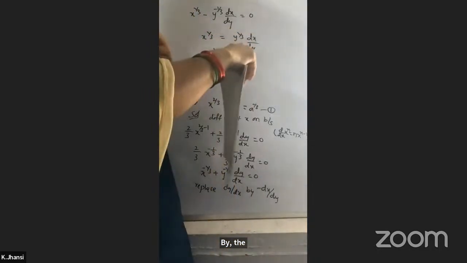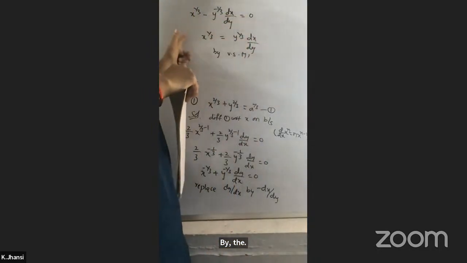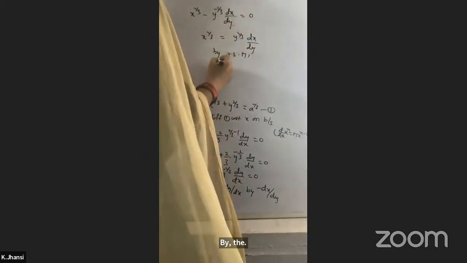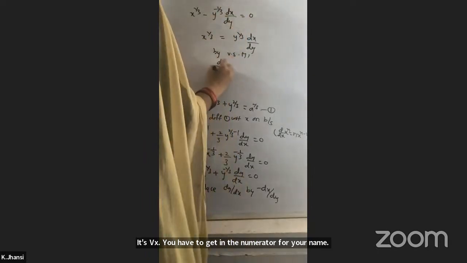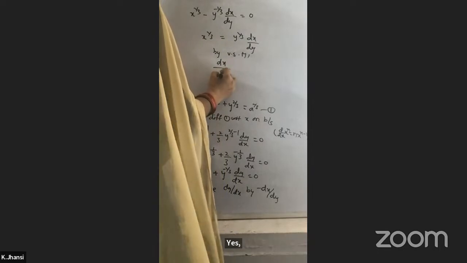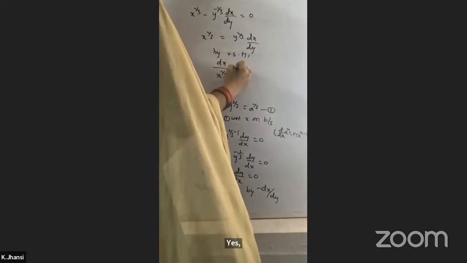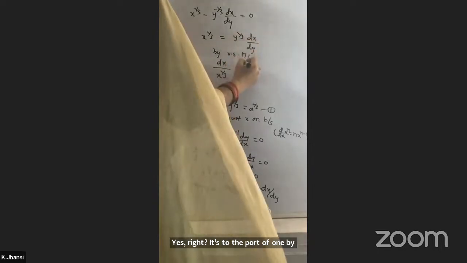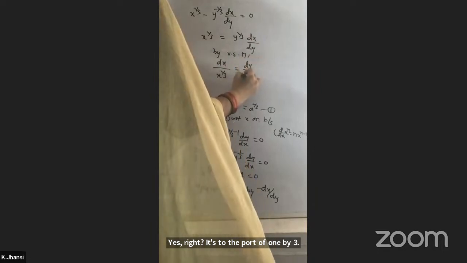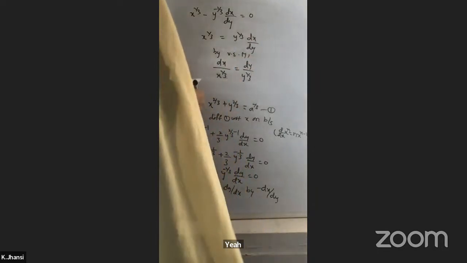what do we get? This dx you have to get in the numerator. So you will get it as dx by x to the power of 1 by 3, and here dy by y to the power of 1 by 3. Okay.